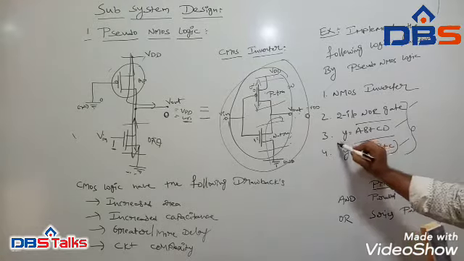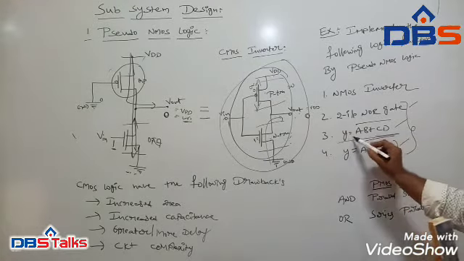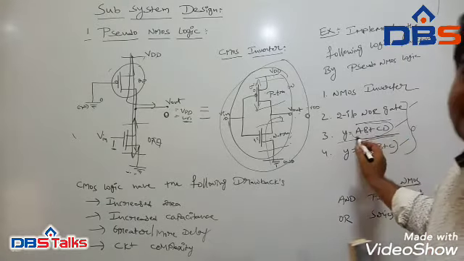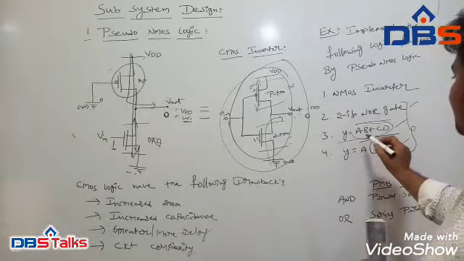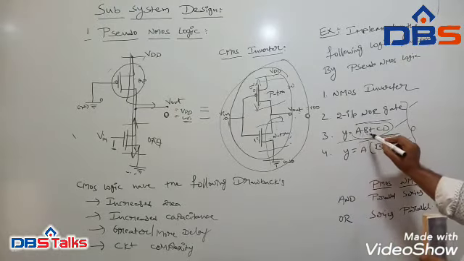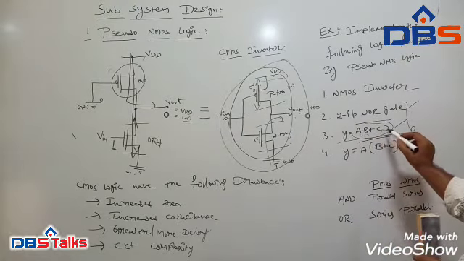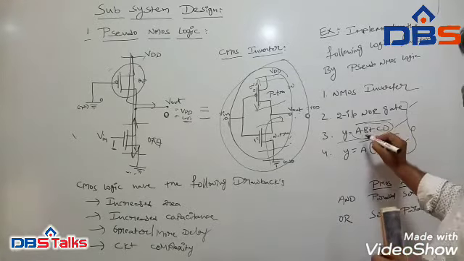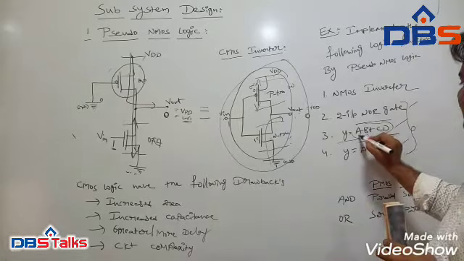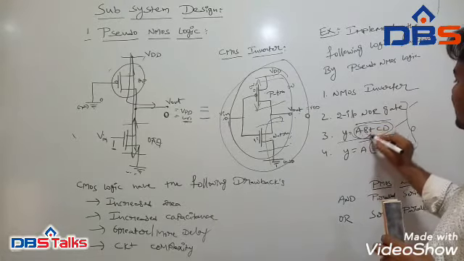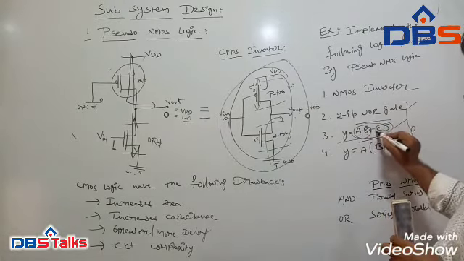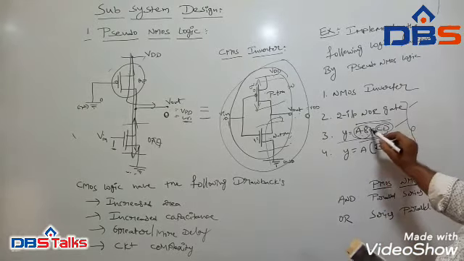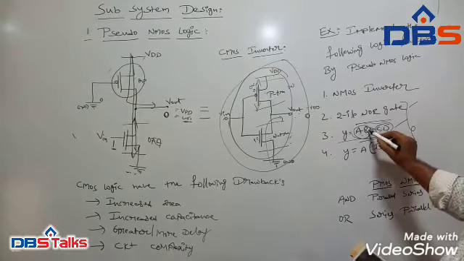For example, consider this logic function. Here we have 4 variables: A is one variable, B is one variable, C is one variable, and D is one variable. Between A and B we have the AND operation, between C and D we have the AND operation, and between these 2 we have the OR operation.